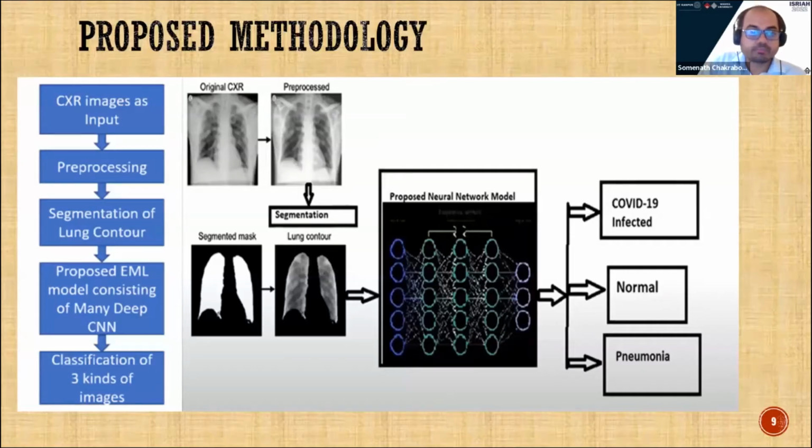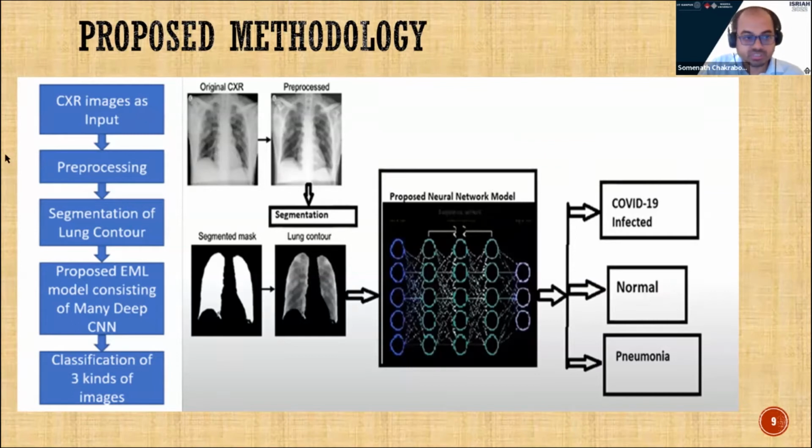Basically what we do, we took a lot of images which fall into three categories. One is COVID-19 positive or infected. Another one is pneumonia. We know that COVID-19 is also a variety of pneumonia, but there are other kinds of coronaviruses and pneumonia that exist. So that is another category, and the others are normal X-ray images.